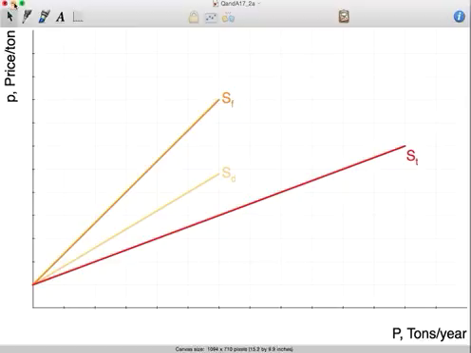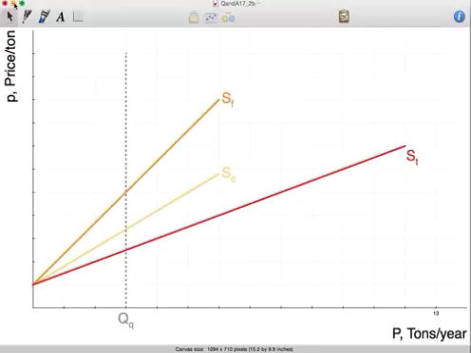Now the interesting thing here is that there's going to be a quota placed on foreign produced sugar, and we want to take a look at what the impact will be on the foreign supply. If we draw a vertical line at QQ, the quota quantity, that gives us an indication of how the foreign supply curve is going to change, because once we get to that QQ, the quota amount, there will be no more foreign supply of sugar.